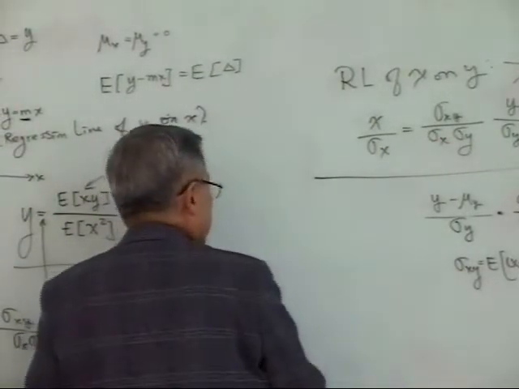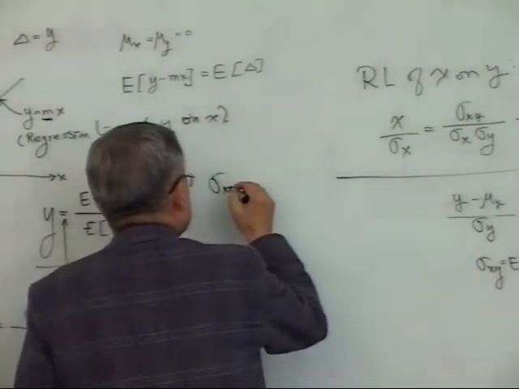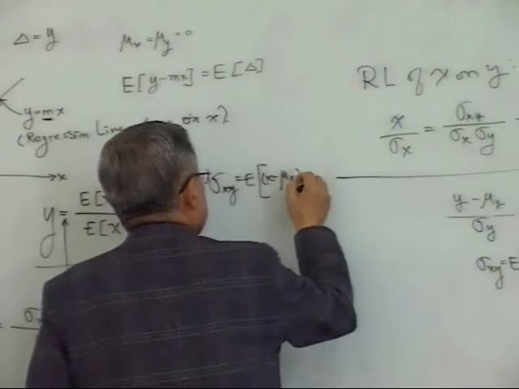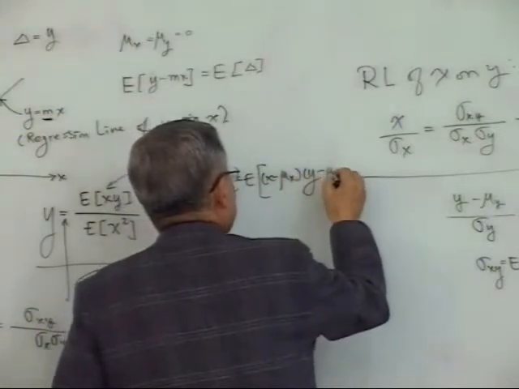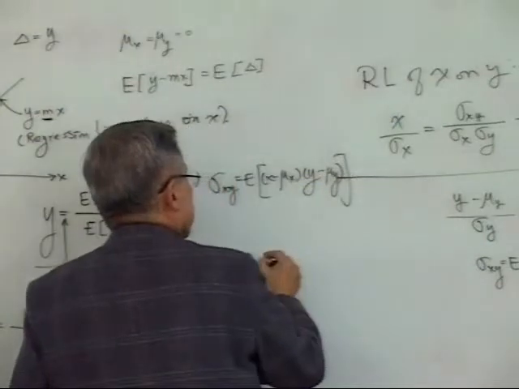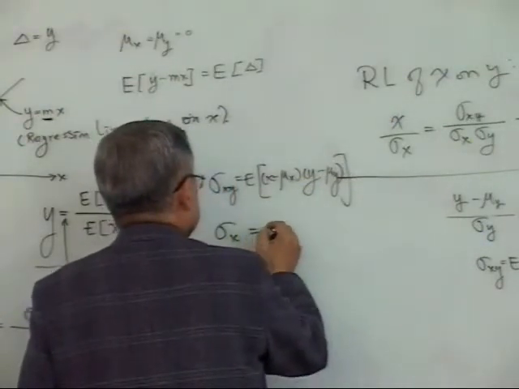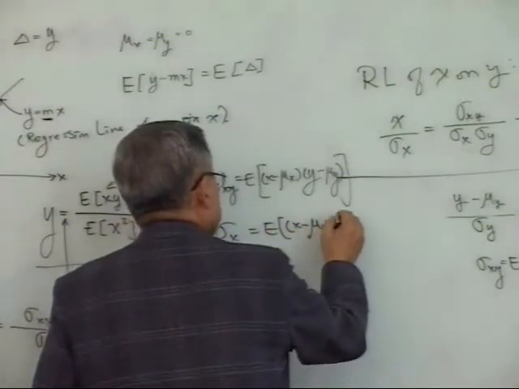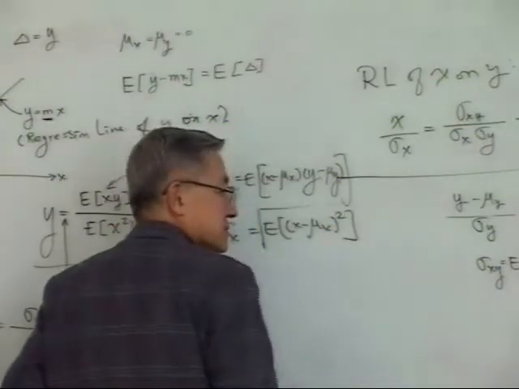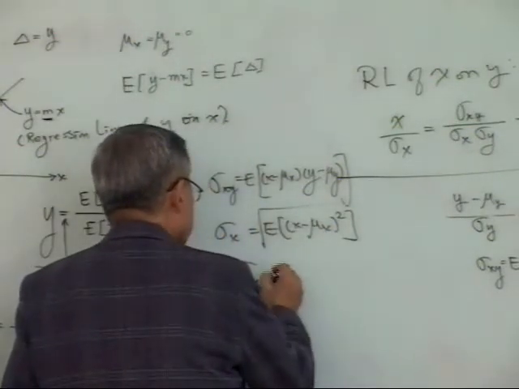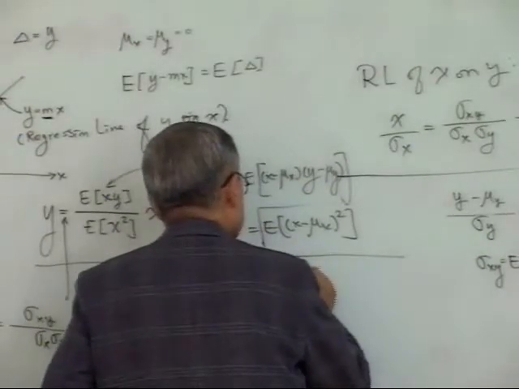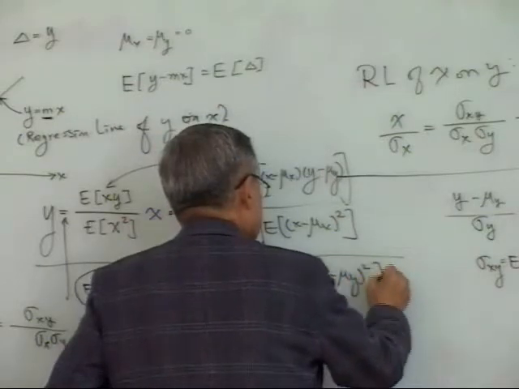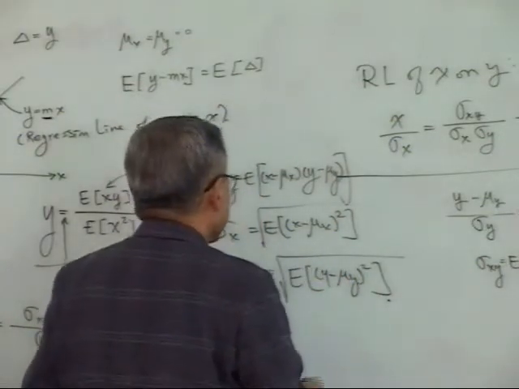If you look at it, it's very logical. Then sigma x is equal to the square root of the expected value of (x minus mu x) squared, and sigma y is likewise the square root of the expected value of (y minus mu y) squared.